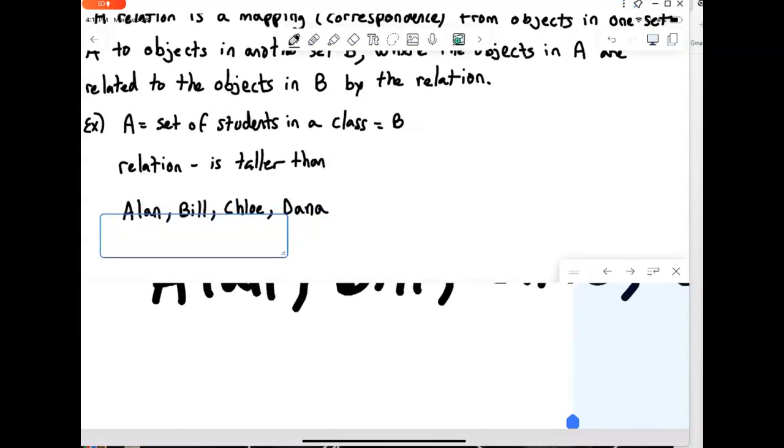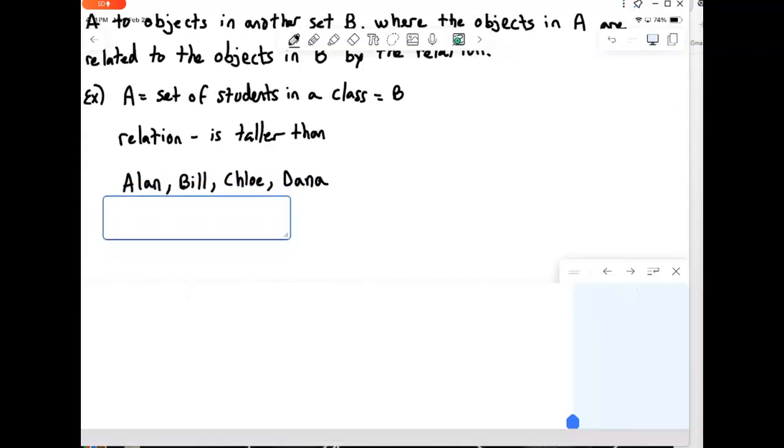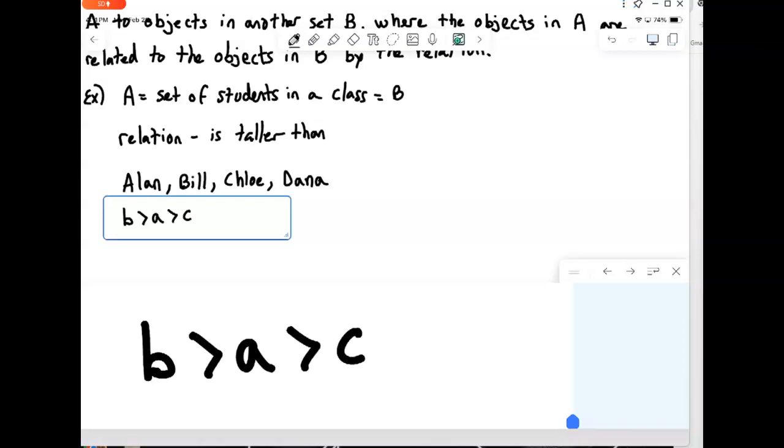So we have this class with only 4 students, and perhaps we know the following is true: Bill is taller than Alan, is taller than Chloe, is taller than Dana. So that's what we know about the heights of those 4 students.